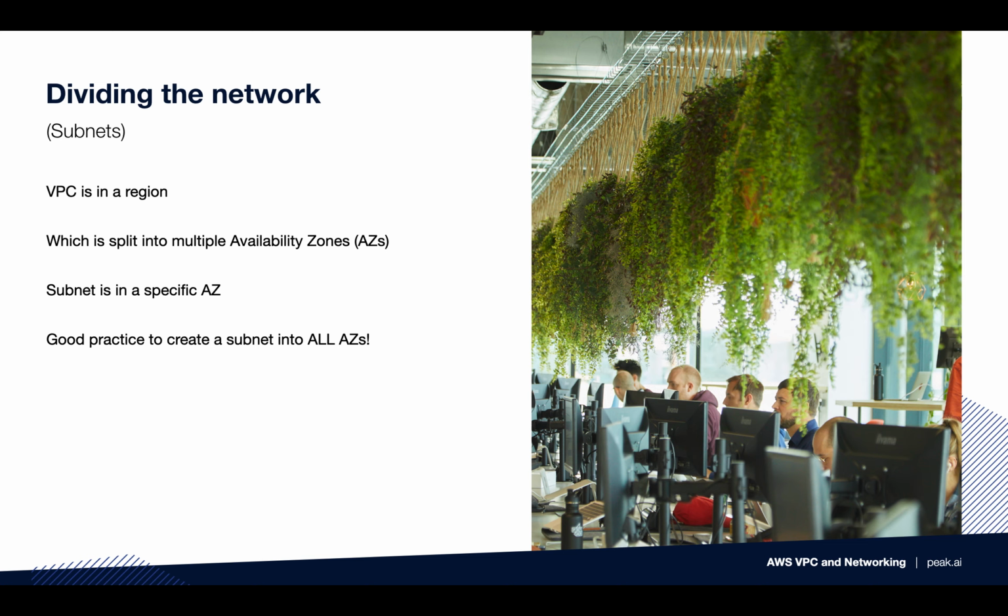A VPC is within one region. So a VPC could never go across multiple regions, because the infrastructure deployed for that VPC is within one region. Now that region is split into multiple availability zones, AZs.